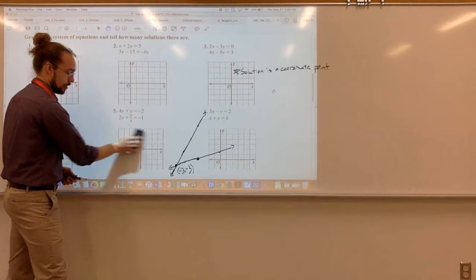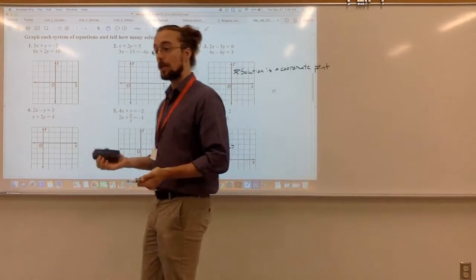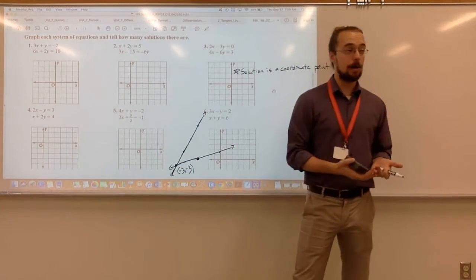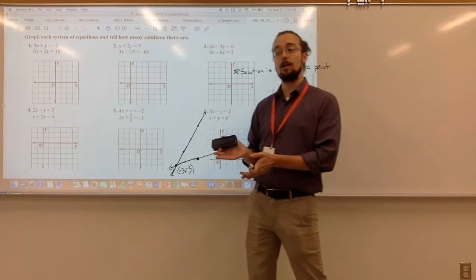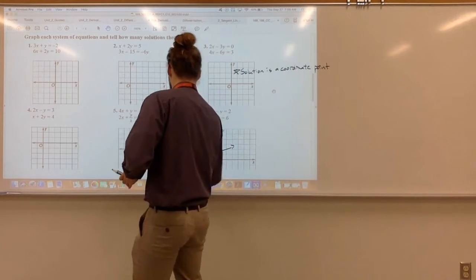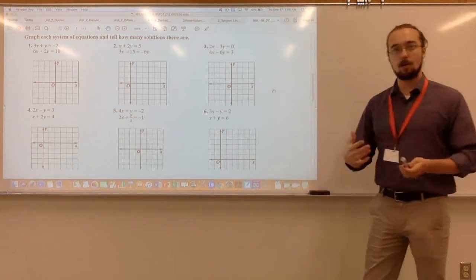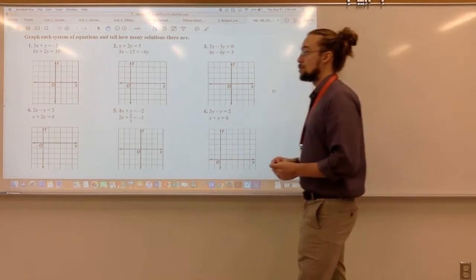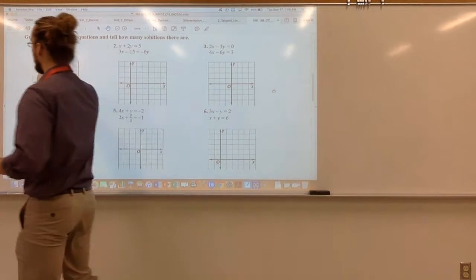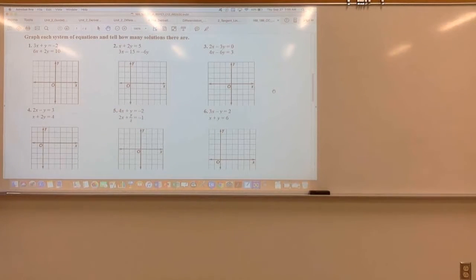It is possible that they won't intersect, or it's also possible that they'll be the exact same line. Most of them, though, you'll get 1 point of intersection, but not all of them. So start by solving each equation for y, and then graph them, see where or if they intersect.